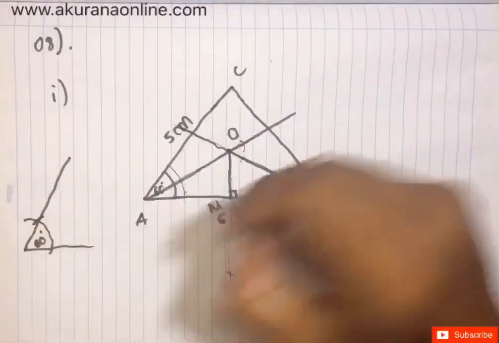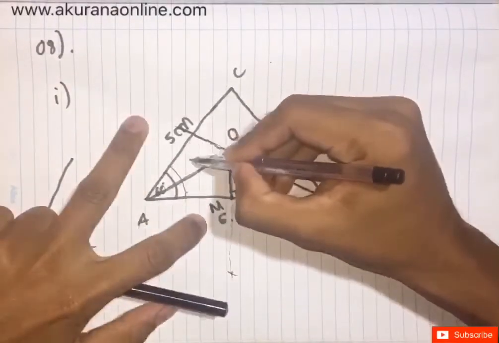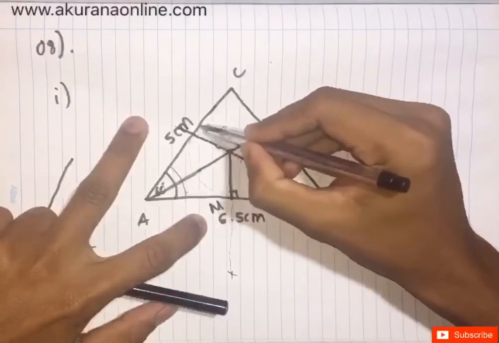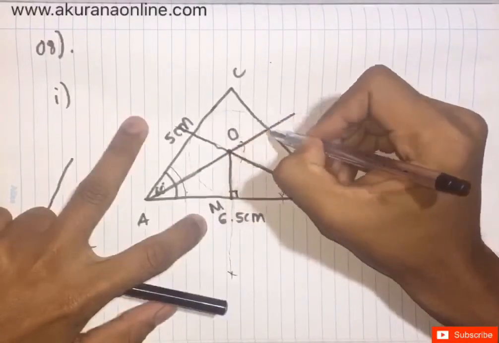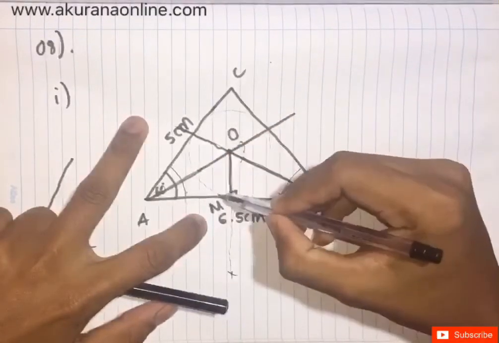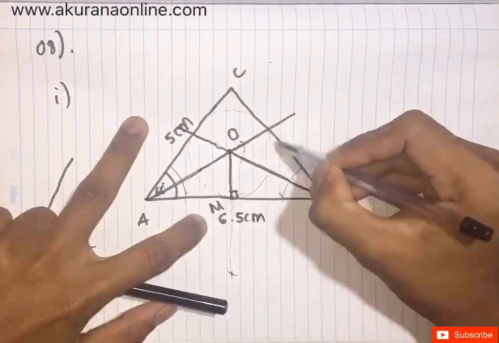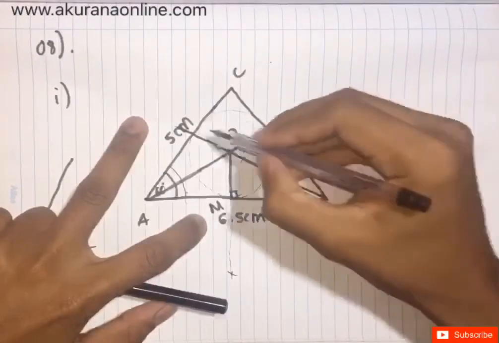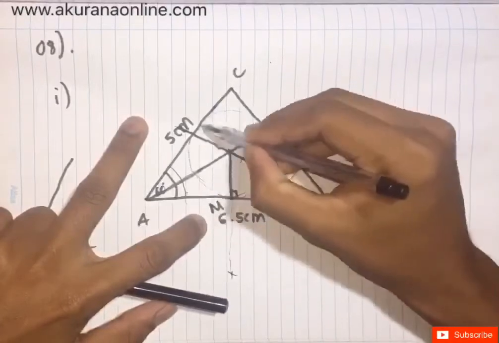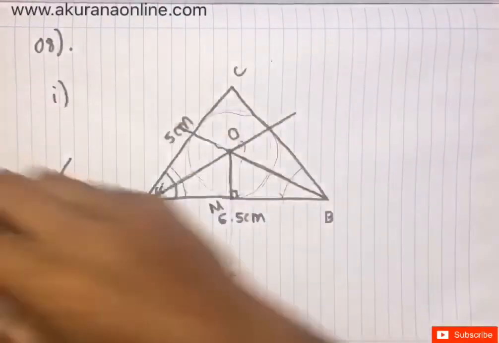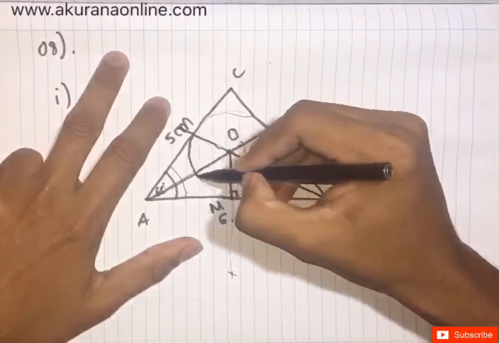That will give you the incircle. So I'll just draw it roughly here. Okay, this is what you will be getting finally. Okay, let me draw it.